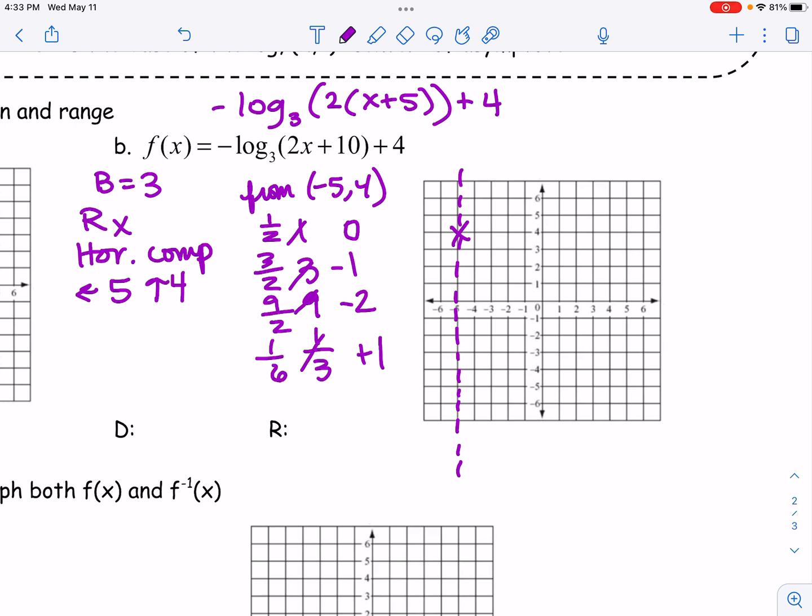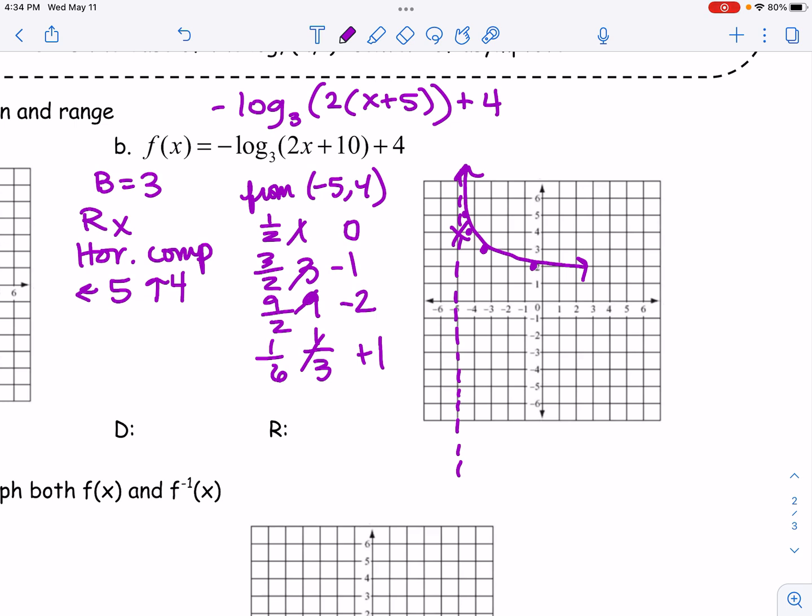So from my X marks the spot, I'm now going to go right a half, up 0, right 3/2, which is 1.5, down 1, right 9 over 2, which is 4.5, down 2, and then I could go right a 1/6, up 1, so really close to that asymptote. And so there's my graph.